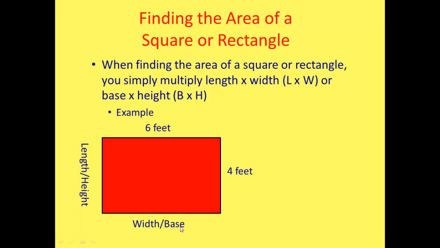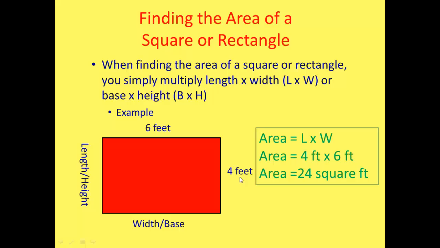We can see that the width or the base is 6 feet, and the length or the height is equal to 4 feet. If we simply use the formula area equals length times width, we can fill it in with 4 for the length, 6 for the width, and then we're going to multiply those two numbers together, and we get an area of 24 square feet.